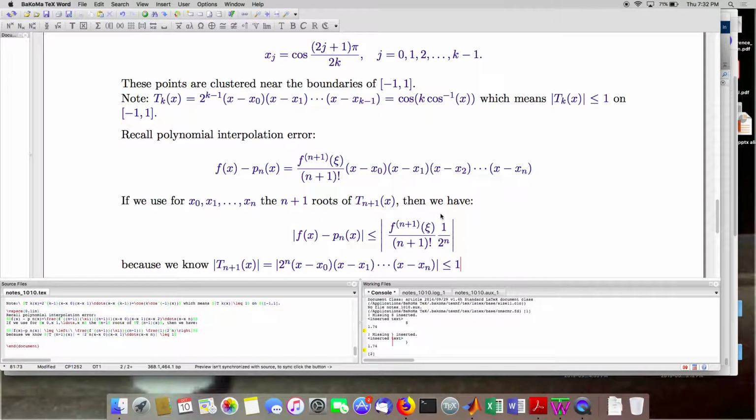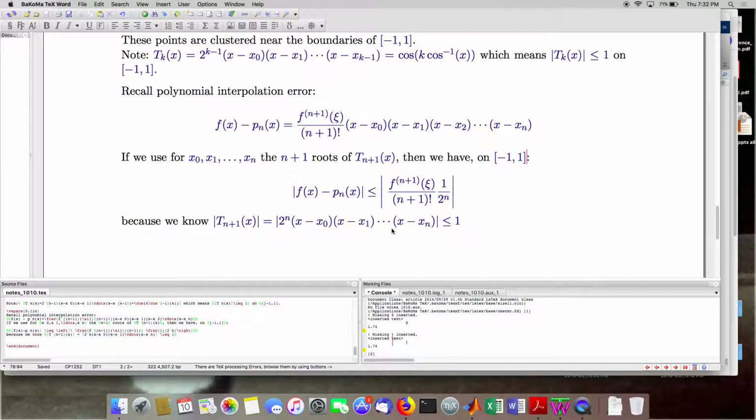And I want to emphasize that this only applies on this interval, because that's the only place where you can claim that this inequality holds. So here I have the product of linear factors with the 2 to the n less than or equal to 1. Therefore, just the linear factors without the 2 to the n are bounded by 1 over 2 to the n.